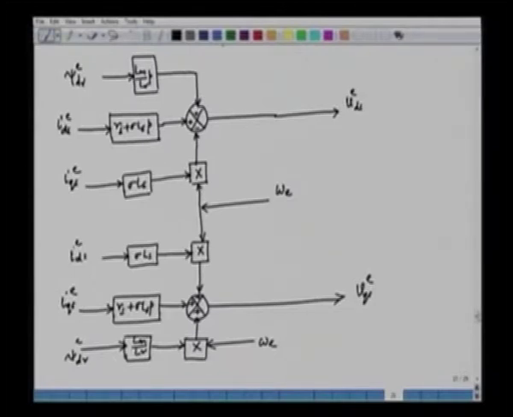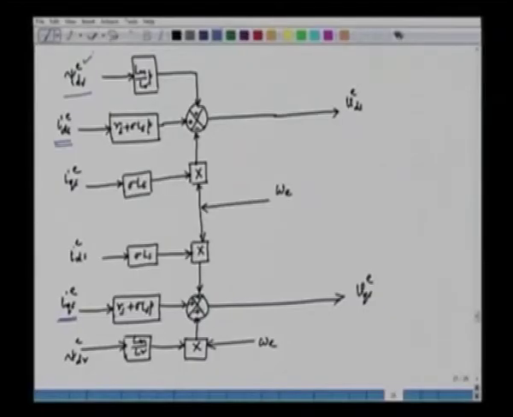You know that these are available to us. We know IDS, the flux component of current. We know IQS, the torque component of current. We of course know psi dr is the rotor flux in the d axis, which is basically the total rotor flux that we know, because psi qr equal to 0.